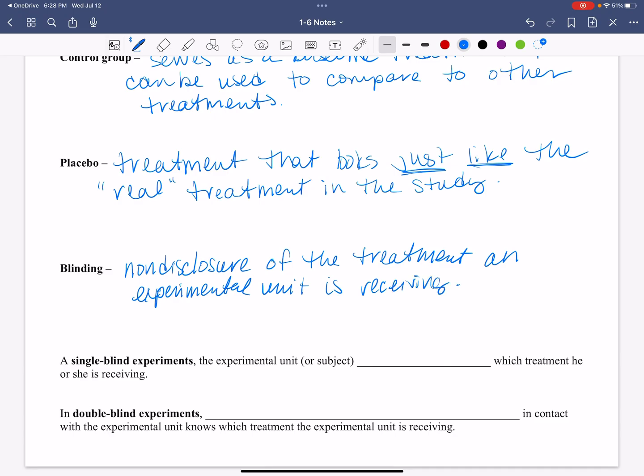So non-disclosure of the treatment is what I'm not telling you. You're blind going into this. You're not sure. You don't know if you're getting the placebo or the actual drug. You don't know. Because of that, that's called blinding.